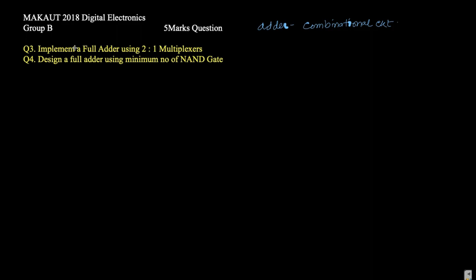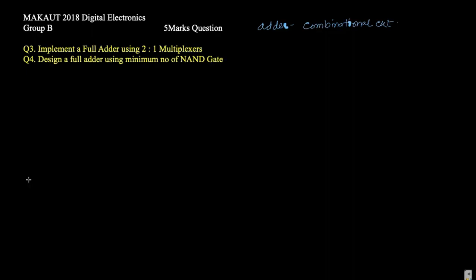This type of question will definitely come. You will get at least both of these questions in the coming examination, because it may be by a 2:1 multiplexer, a 4:1 multiplexer, or an 8:1 multiplexer.